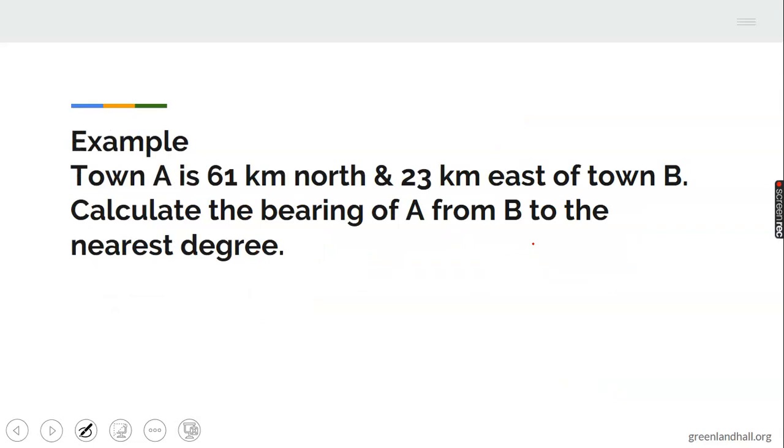A town A is 61 kilometers north and 23 kilometers east of town B. Calculate the bearing of A from B to the nearest degree.